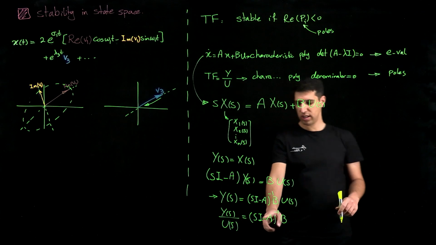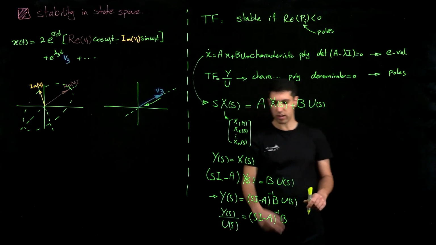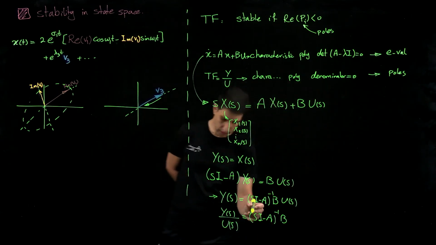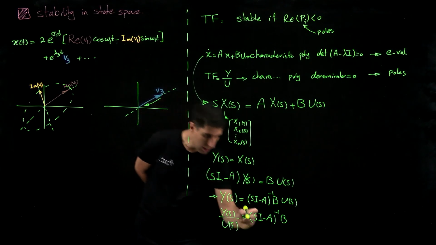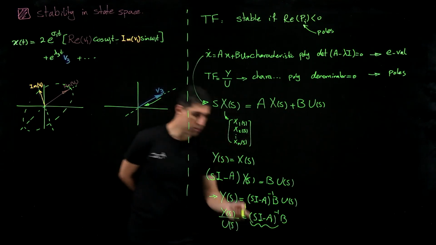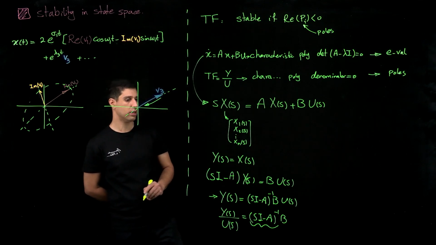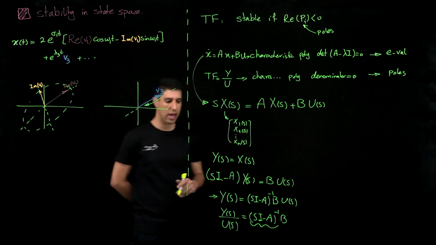Now you can see kind of where things are going. So this is a matrix. Let's call it matrix A prime.